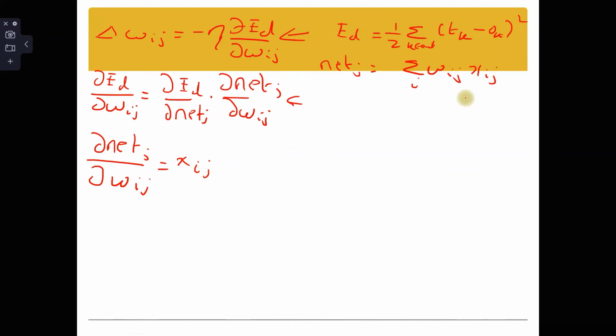For those who did not really understand what I just said, if you're differentiating net_j with respect to a particular w_ij, you have different possibilities of w_ij.